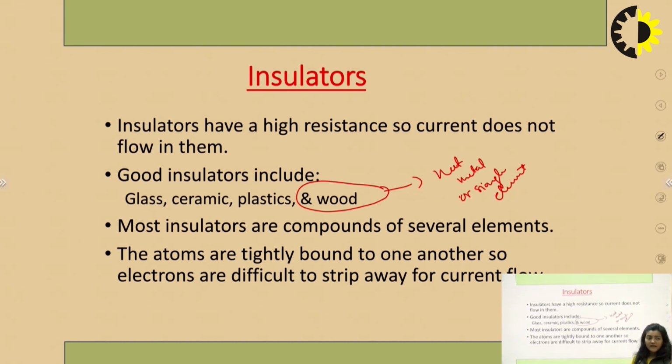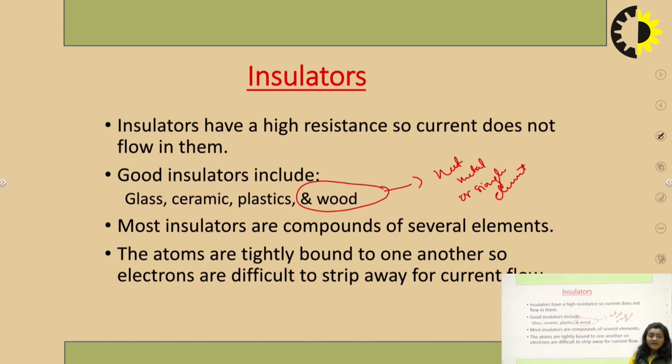Now the atoms are tightly bound to one another, so the electrons are difficult to strip away. It means the bonding between the atoms is so high that no force will break the bonding between the atoms so that the current will flow.